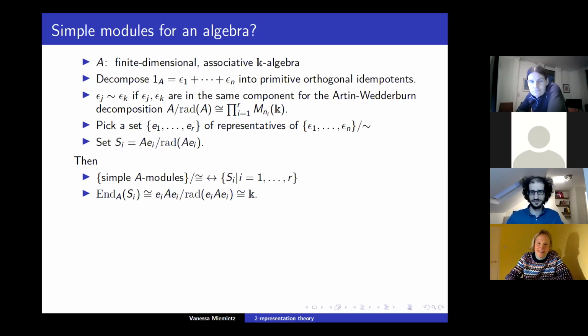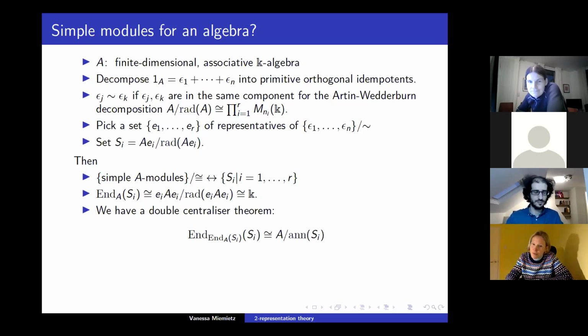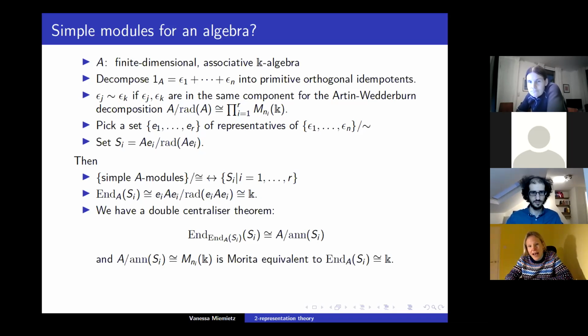So nothing very exciting is happening, but we also have a double centralizer theorem where we can describe the endomorphisms of S_i over its endomorphisms, and that's just A modulo the annihilator. And if we look at this, that's again just this matrix component in the Wedderburn decomposition, and that's Morita equivalent to the actual endomorphism ring, which was the field.